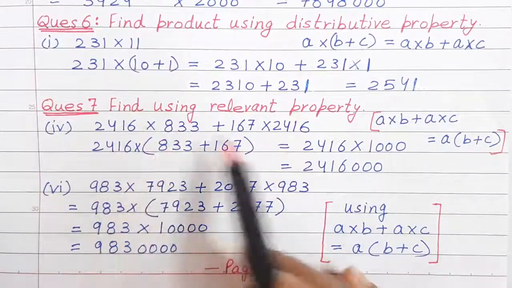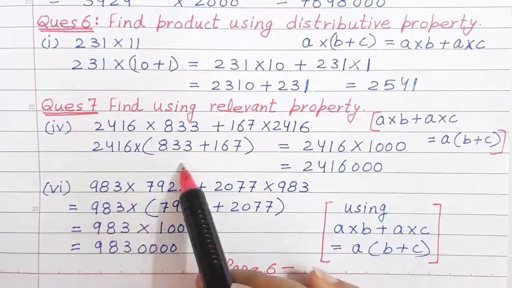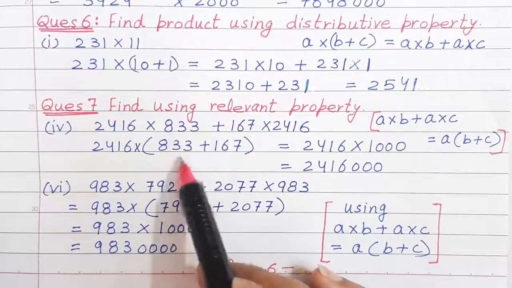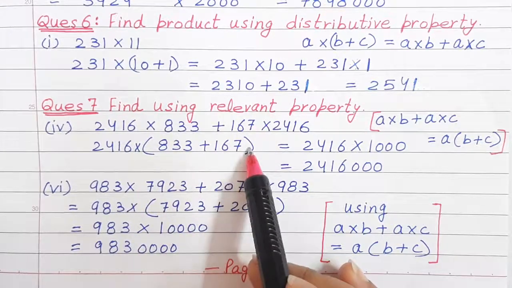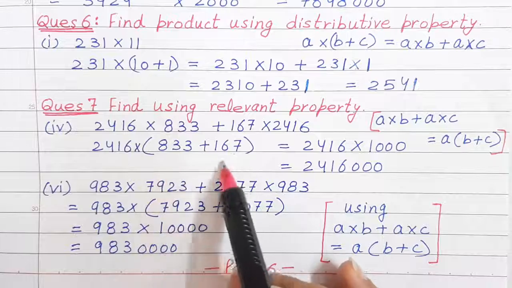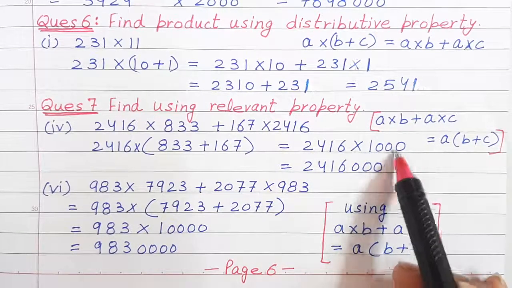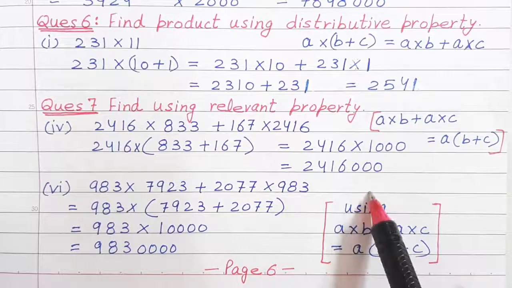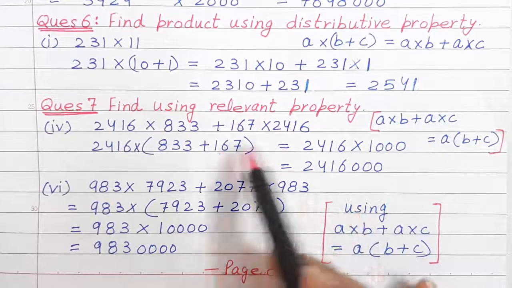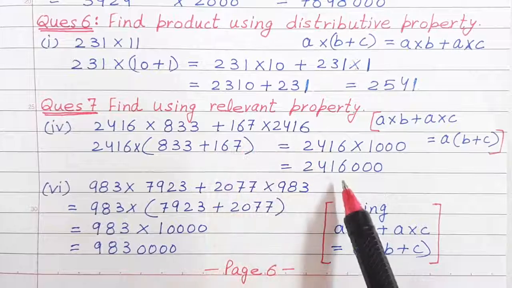If you take these two numbers common, in bracket you are left with 833 plus 167. Now by adding these two numbers, we'll get 1000. So the answer is very easy now. The calculation becomes easy by applying this, which is called distributive law. We have applied distributive law here.